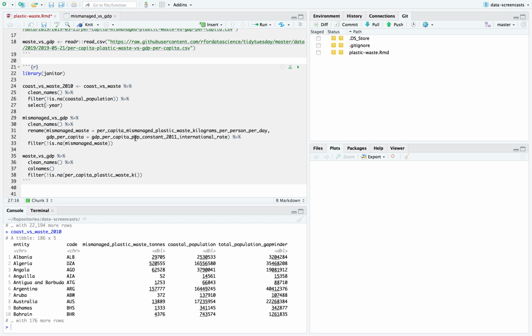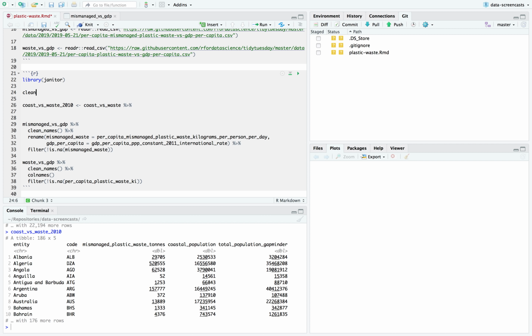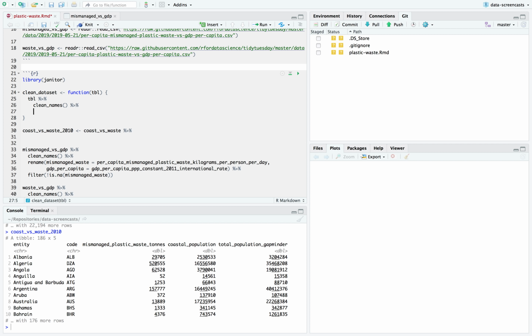We have GDP, we have population. I'm going to do a little renaming. So I'm just considering doing some joining. Okay, I think what I'm going to do is write a quick function called clean_dataset, since we're applying this to all of them.